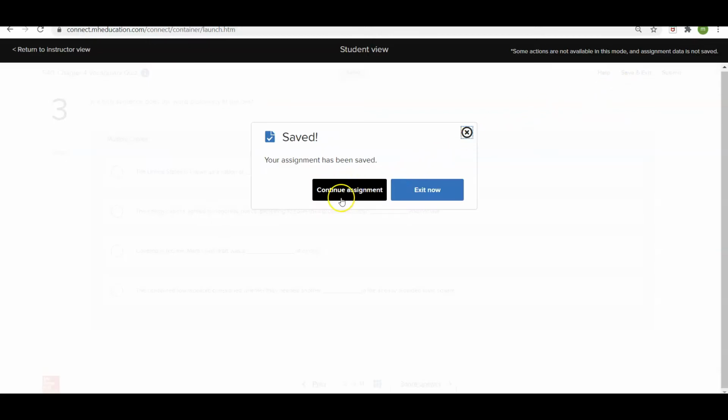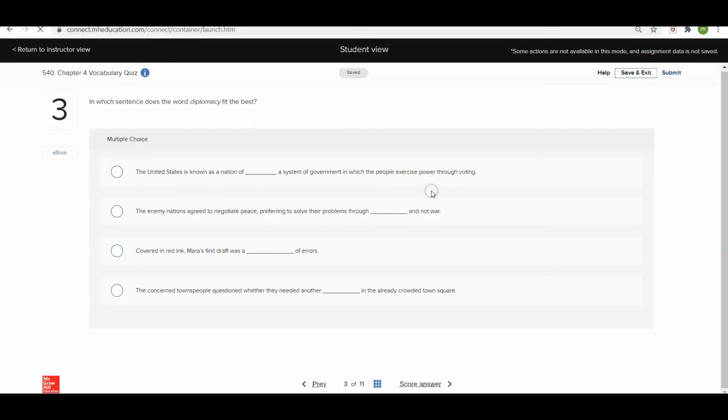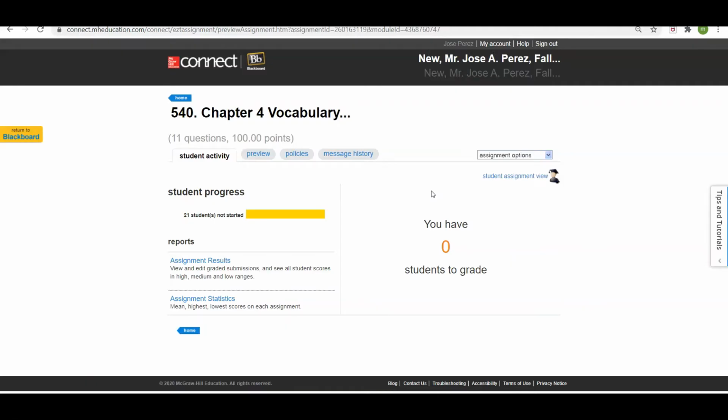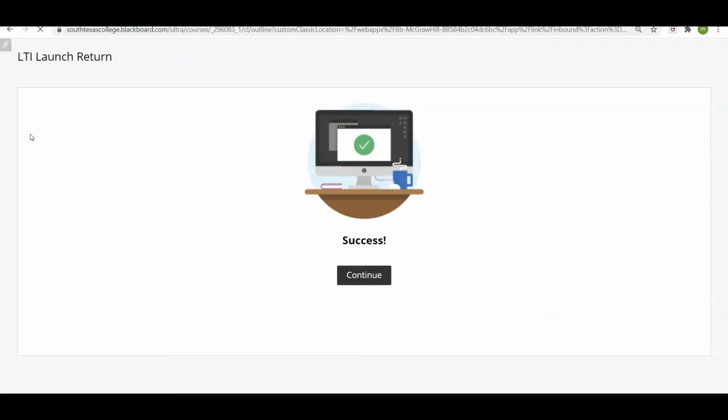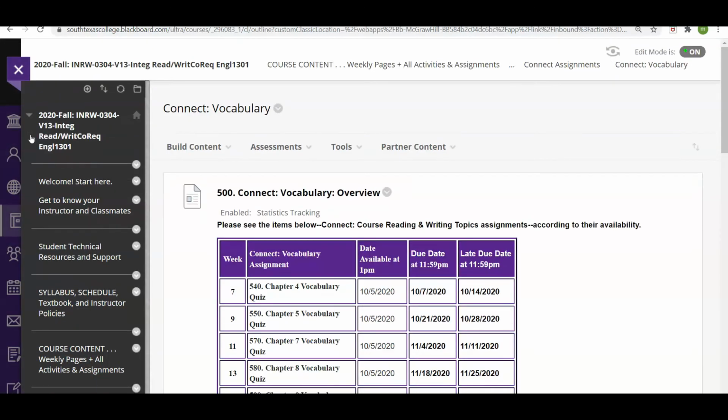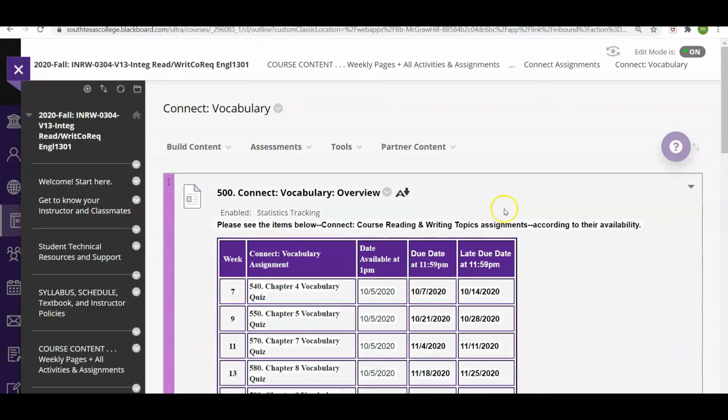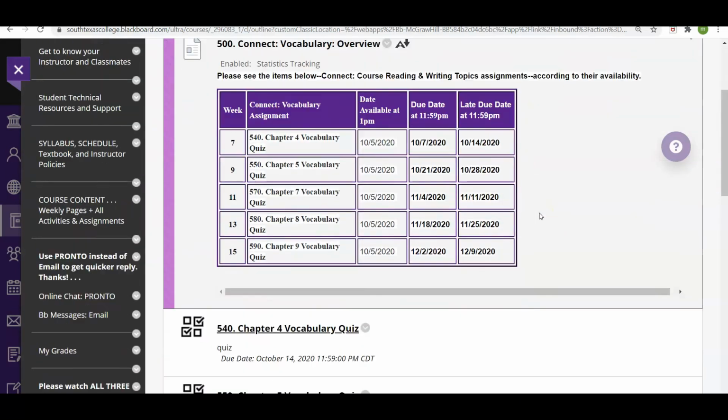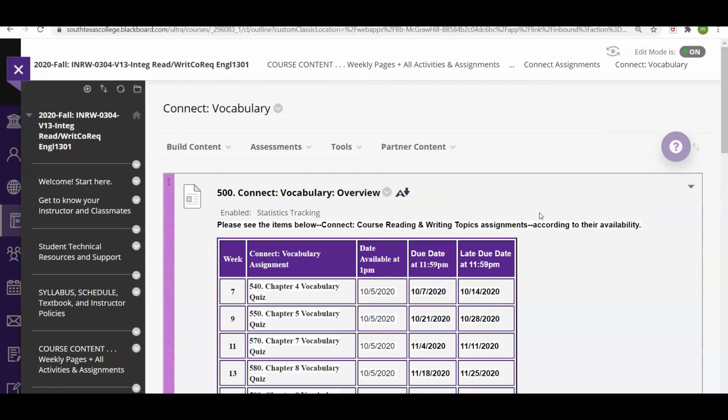No, I'm going to exit and I'll come back to it later. You would come back to it later as long as you still have time left within the on-time or even the late deadline. And that's it. That's how you do these vocabulary assignments. Okay. Pretty easy, right? No problem.